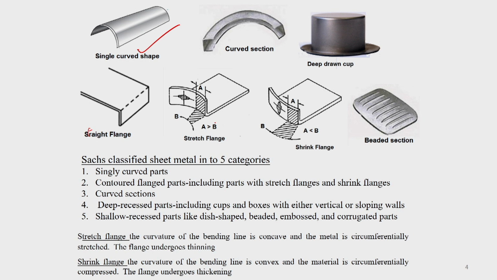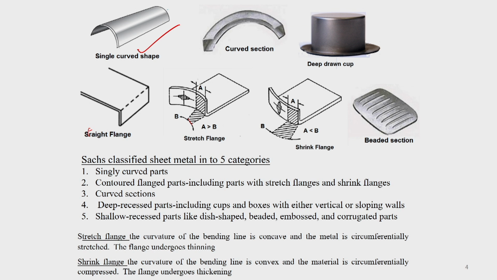In a stretch flange, what happens is that the curvature of the bending line is concave and the metal is circumferentially stretched. Initially, the size was maybe like this only, but after bending there is a stretching taking place, so that you get this area where A is greater than B. After the stretch flanging operation, you find that this width has increased.